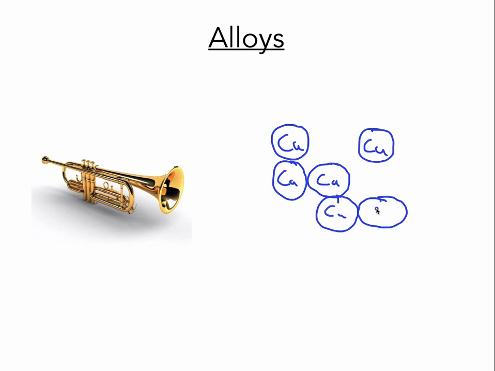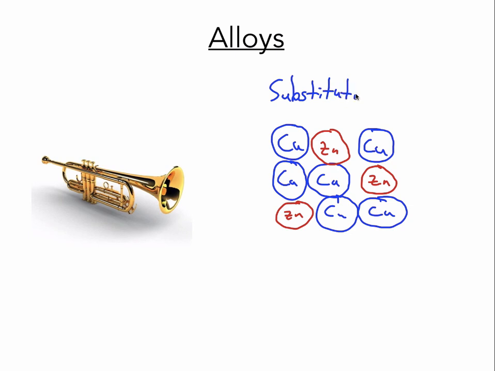Substituted in other places where copper atoms would be, we have zinc, which is a slightly smaller atom. And unlike steel, this is called a substitutional alloy.